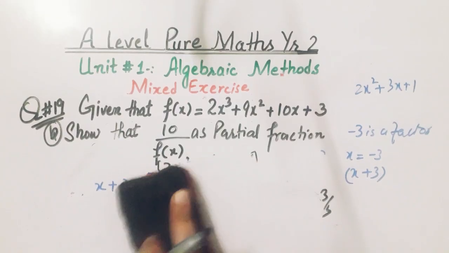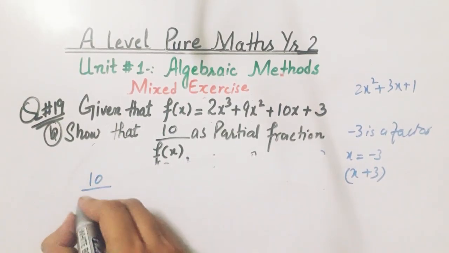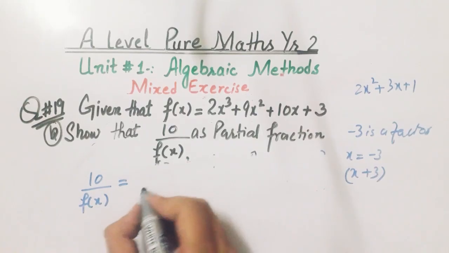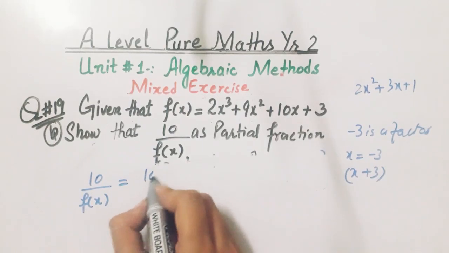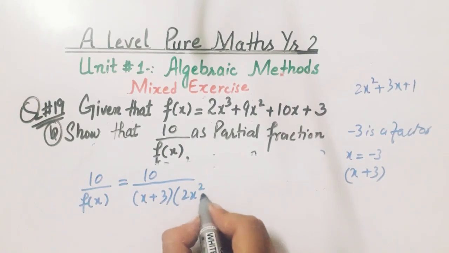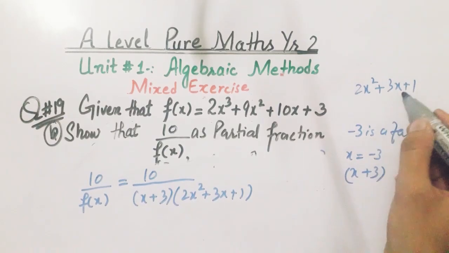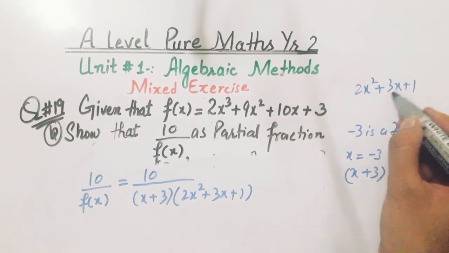Then we will write 10 over f of x as 10 by x plus 3 into 2x square plus 3x plus 1. Now we can make the factors of 2x square plus 3x plus 1, as the multiplication is 2 and the addition gives 3.